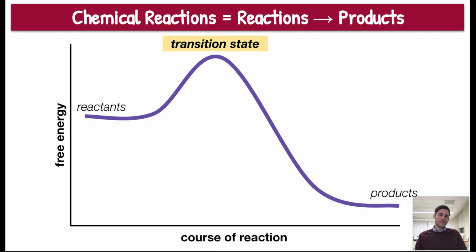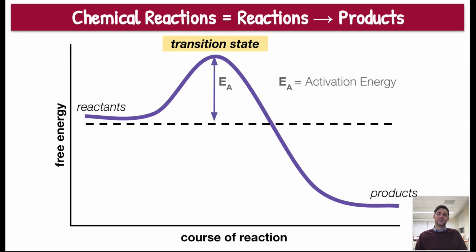The transition state is an intermediate, highly unstable stage between reactants and products in which old bonds are breaking and new ones are forming. The difference in energy between the transition state and the reactants is called activation energy. It represents an energy barrier.